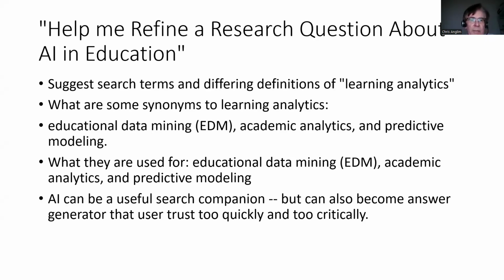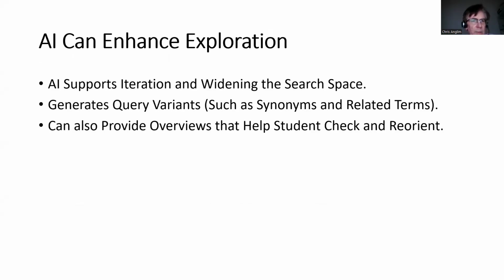One way of thinking about it is that AI can be a useful search friend, a search companion. It can also be an answer generator, but do not trust it too quickly or uncritically. Remember, you don't want to overframe it to get a supposed answer before you really get to the actual answer.